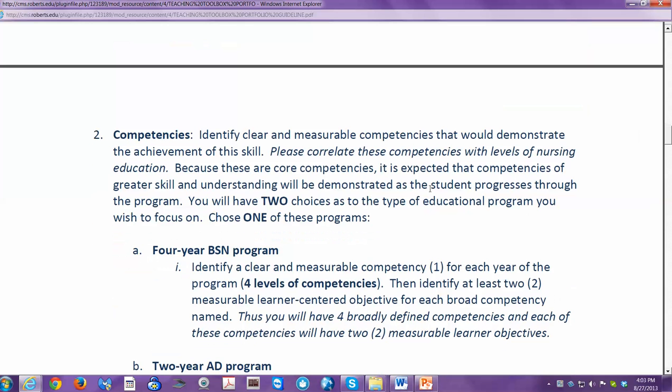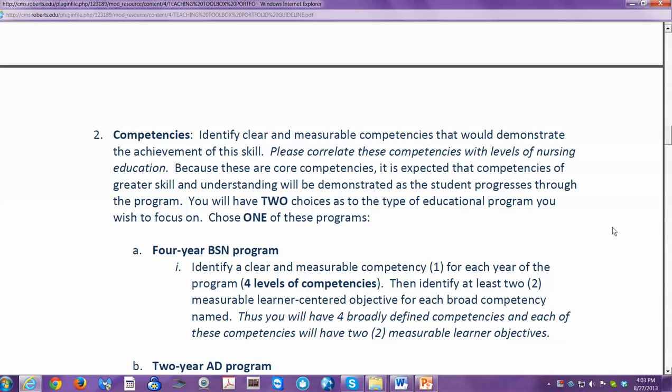Then you would go and identify the competencies that would demonstrate the achievement of this skill. You would correlate these competencies with the levels of nursing education. So if you picked a 4-year program, then you would identify a level of competency for each year of the program. If you picked an associate's degree program, you would identify levels of competencies for each semester.